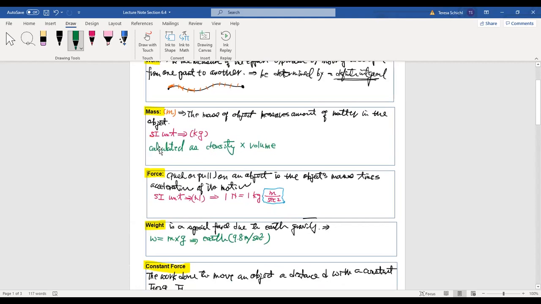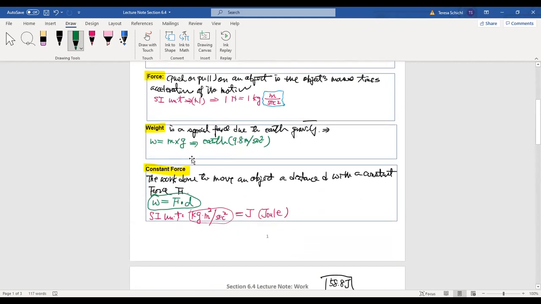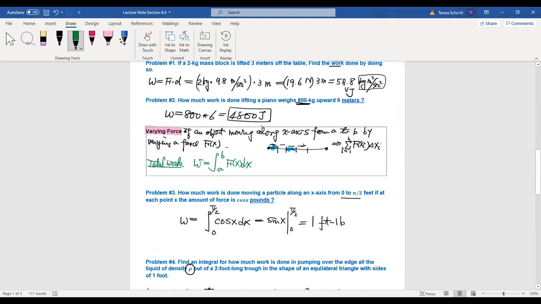The mass is density times the volume. Then you multiply by the gravitational constant. That is your force here, right?